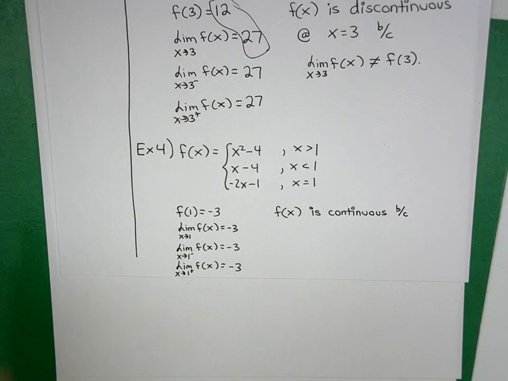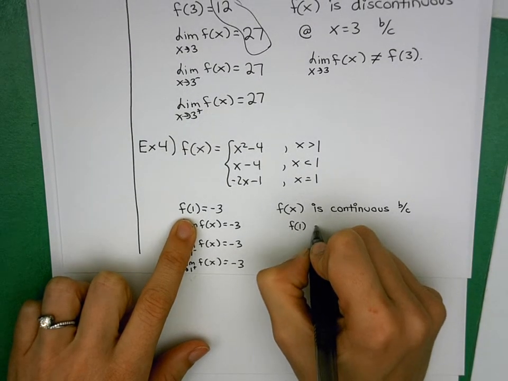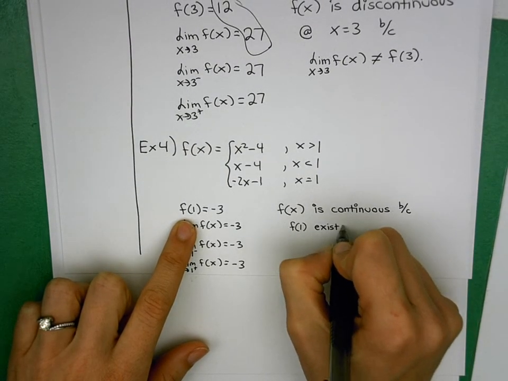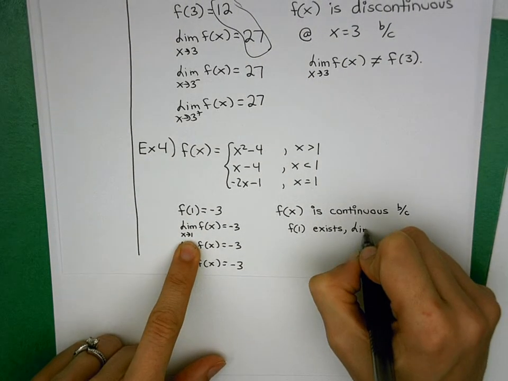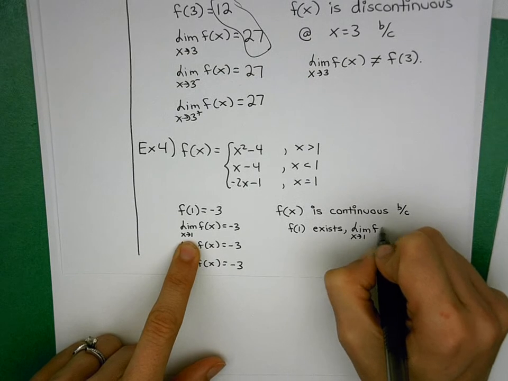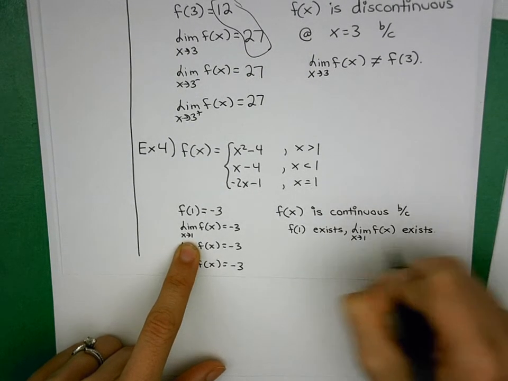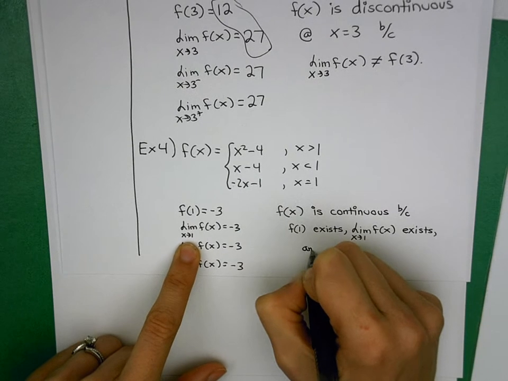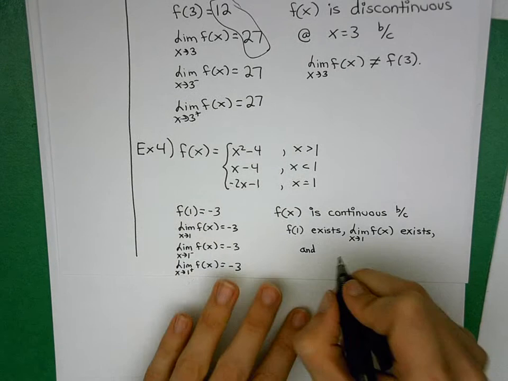If we're discussing the continuity, we need to articulate each piece that we've evaluated because f of 1 exists, because the limit as x approaches 1 of f of x exists, and because the limit is equal to the point.